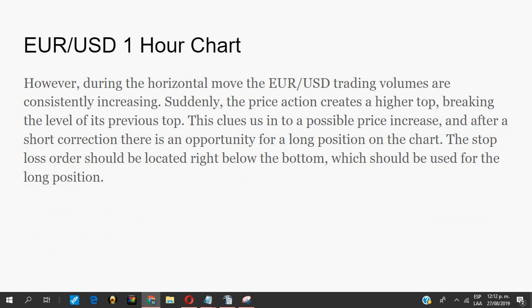Suddenly, the price action creates a higher top, breaking the level of its previous top. This clues us into a possible price increase, and after a short correction, there is an opportunity for a long position on the chart. The stop loss order should be located right below the bottom, which should be used for the long position.